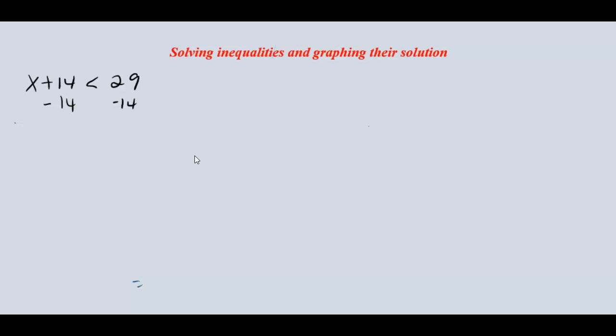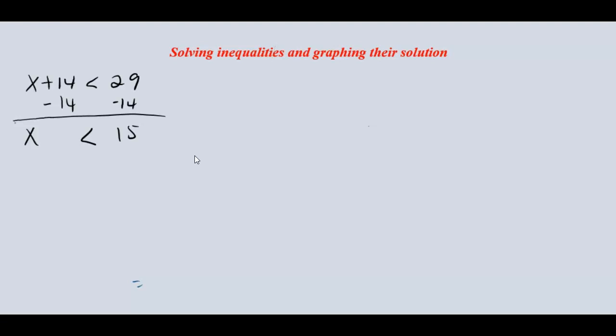Because that is a plus 14, the opposite operation for plus is minus, so we subtract. So we get x plus 14 minus 14 is 0, so that's gone. And then you have less than 29 minus 14, which is 15. So that's the solution: x has to be less than 15.